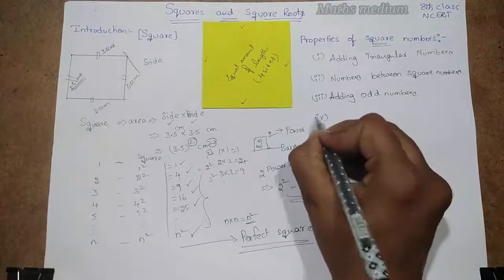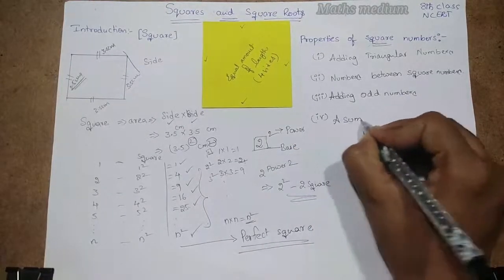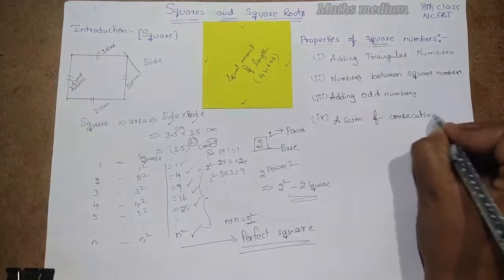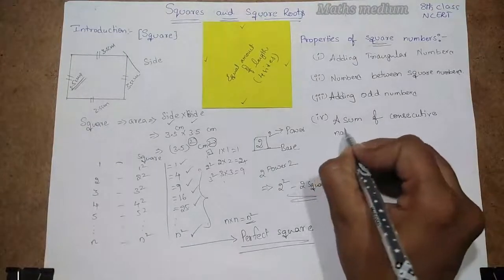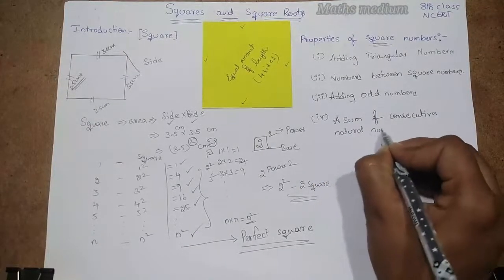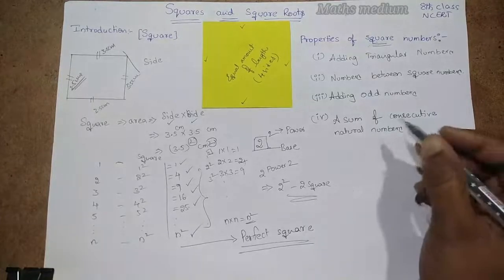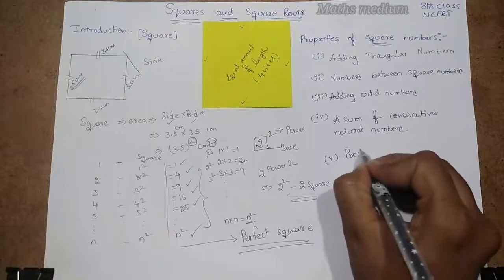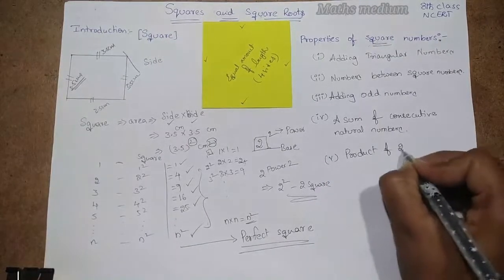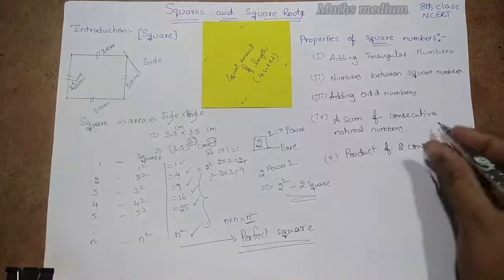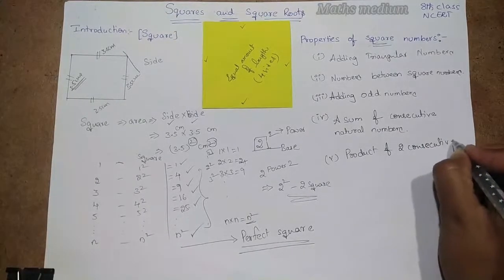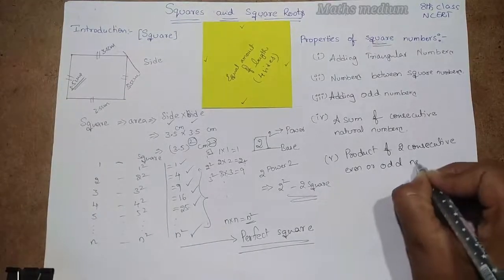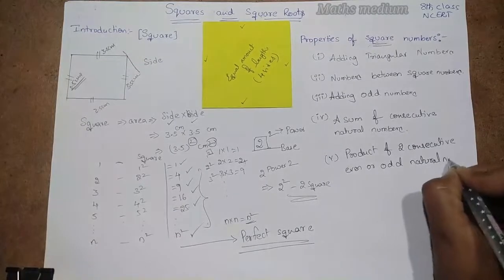Fourth one is the sum of consecutive natural numbers. And finally, the fifth one is the product of two consecutive even or odd natural numbers.